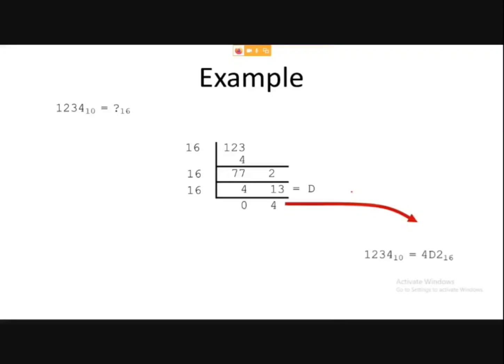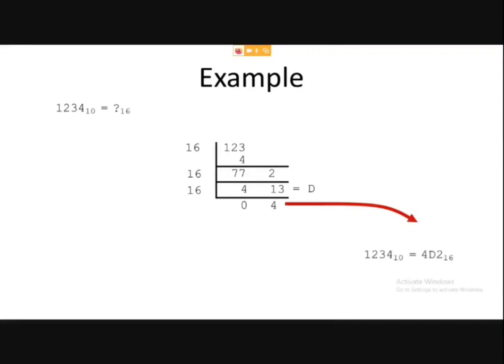But we have to remember that this 13, a group of 2 symbols, is in decimal, and it has to be converted into hexadecimal. 13 is represented by the symbol D in hexadecimal. So we are replacing this 13 by D. So the sequence becomes like this.